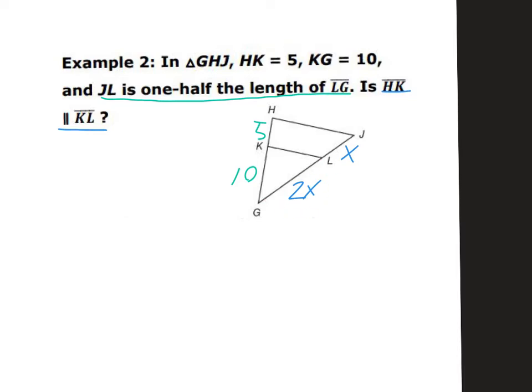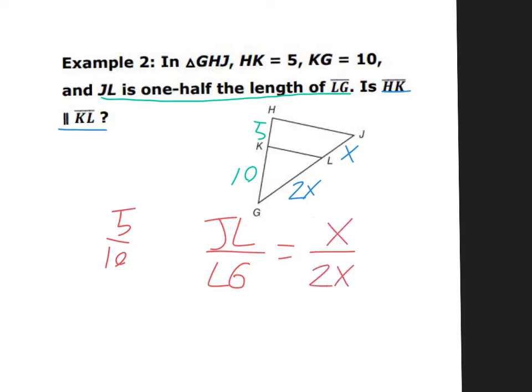So we're going to set up our relationship based on the proportionality theorem. So if HK to KG is 5 to 10, we need to establish that these two are going to be equal to JL to LG. Well, JL to LG is x to 2x, which simplifies down to 1/2.